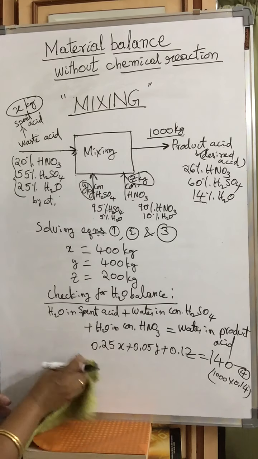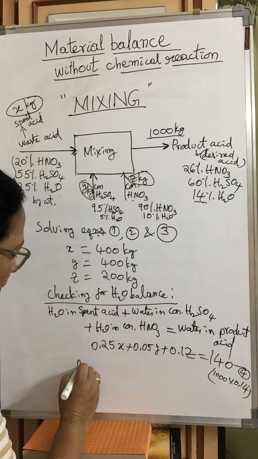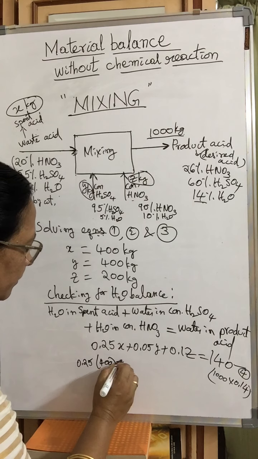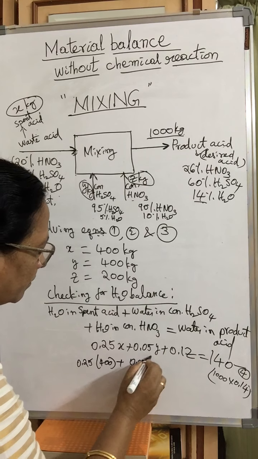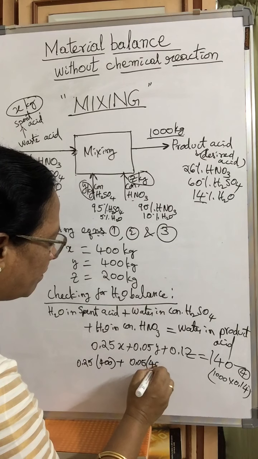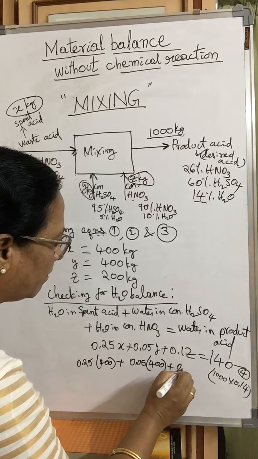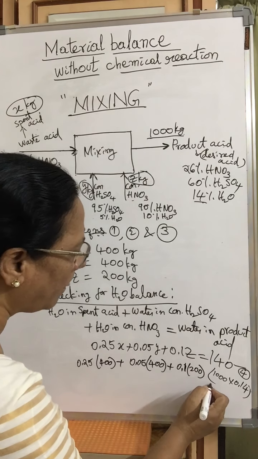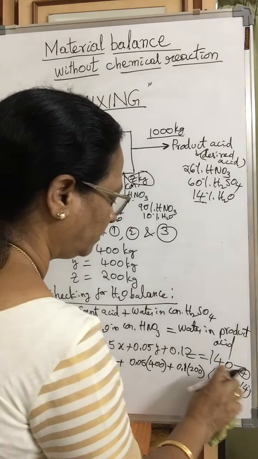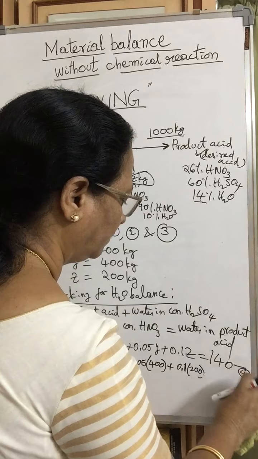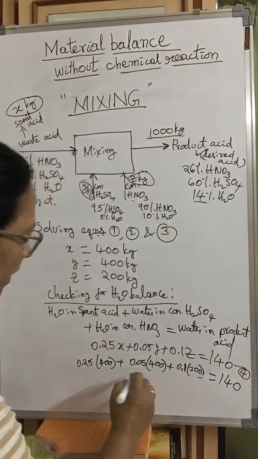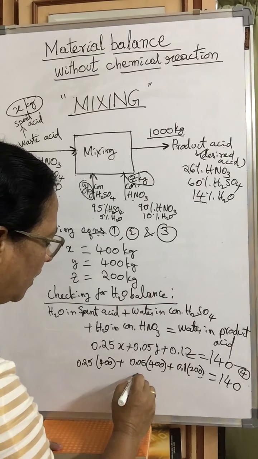Now substitute X, Y, Z. So 0.25 into 400 and so on.